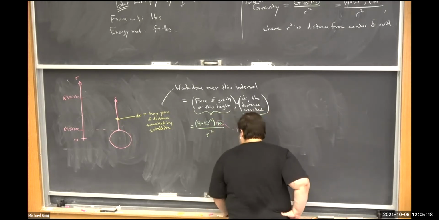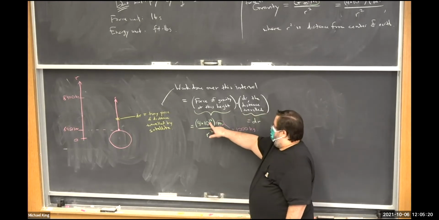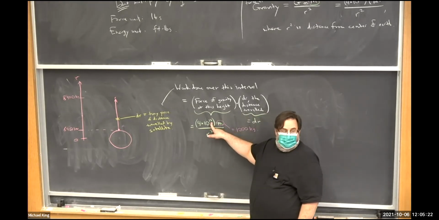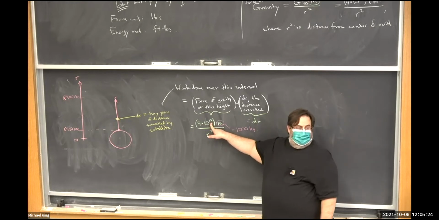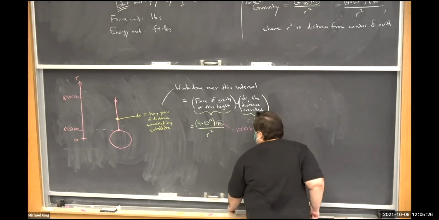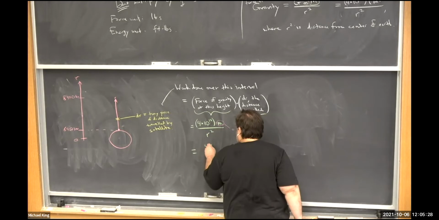So that adds another 3 zeros to this. So then that makes it 10 to the 17th, you multiply by 1,000. So that's 4 times 10 to the 17th over r squared.